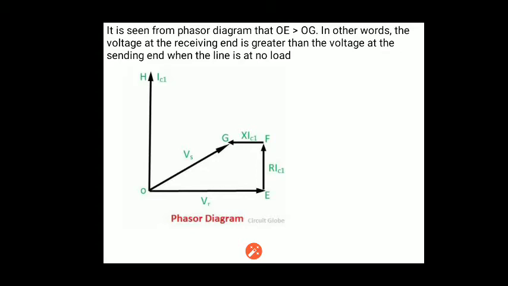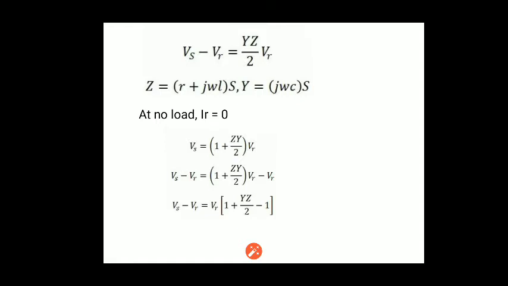As shown in the phasor diagram, IC1 is the capacitor current, OG is equal to the sending end voltage, OE is equal to the receiving end voltage. Here we have X L IC1, and here I C1 into R. Next we'll discuss in detail.